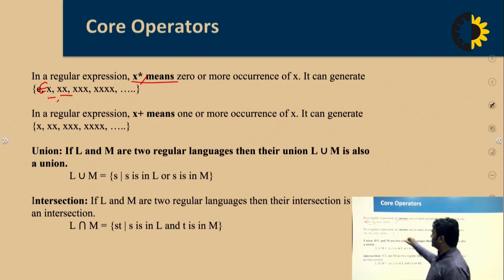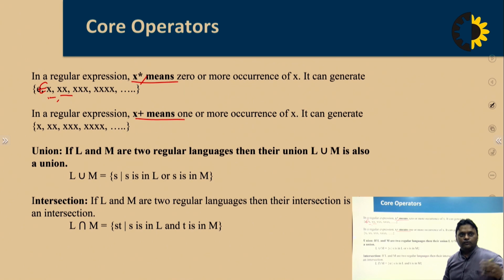In regular expression, x plus means one or more occurrences of x. It is also known as the positive closure. It can generate x, double x, triple x, four times x and so on.